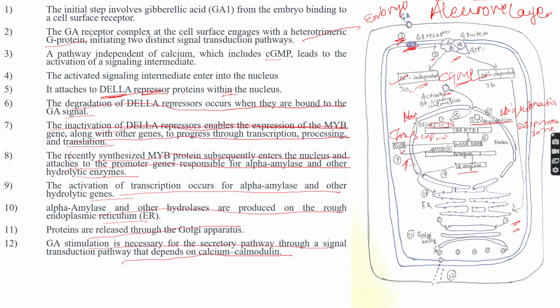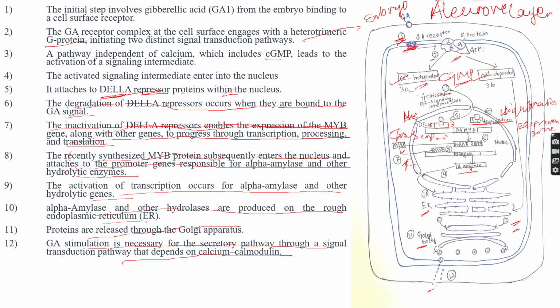That alpha amylase will go to the endoplasmic reticulum and then to the Golgi body, through which it can be secreted. First it will come in packets, or through membrane bound vesicles, and lastly it will exit, or be secreted through the membrane to the endosperm.